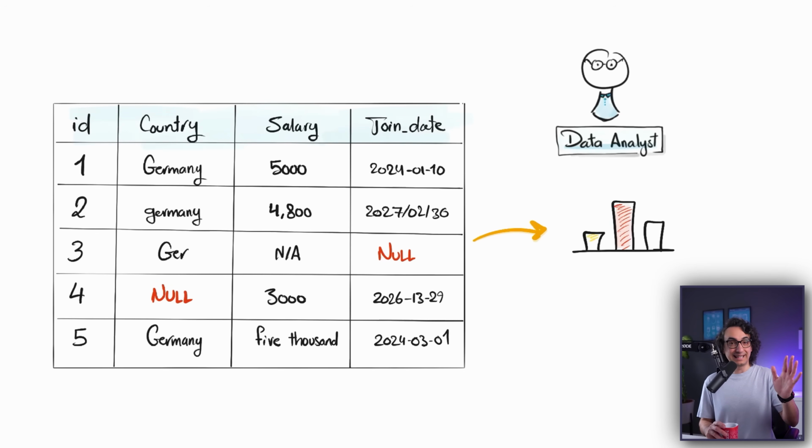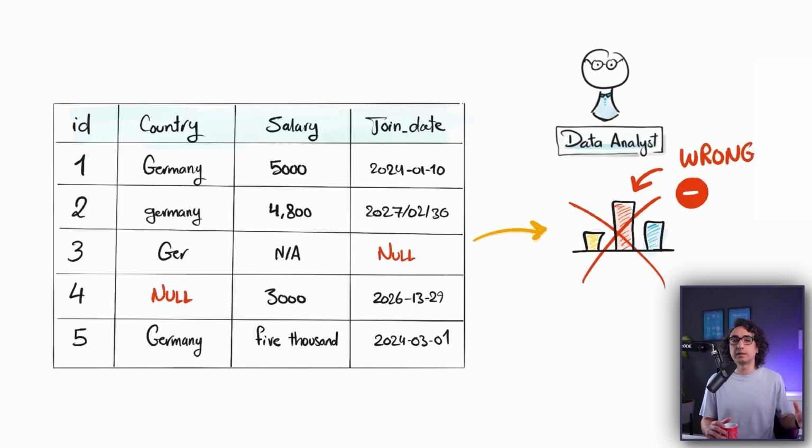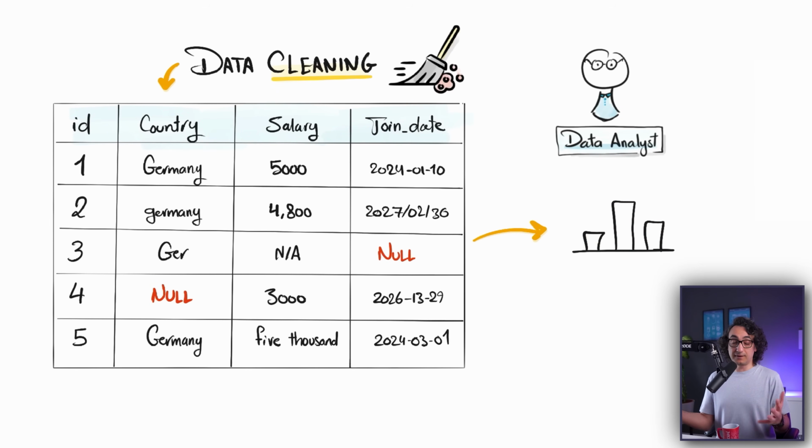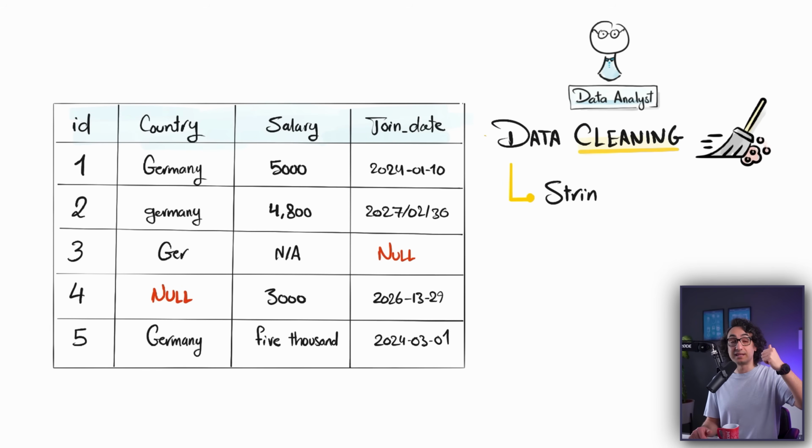And if you go and analyze the data like this, your result is going to be for sure wrong, even if you write the SQL query correctly. So as a data analyst, you cannot analyze immediately. First, you must clean and prepare the data. And of course, SQL gives us enough tools and functions in order to do that. So we have the string, the number, and the date functions.